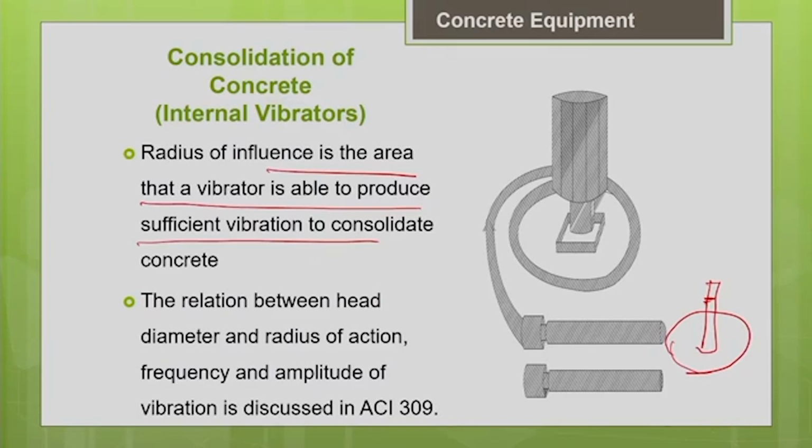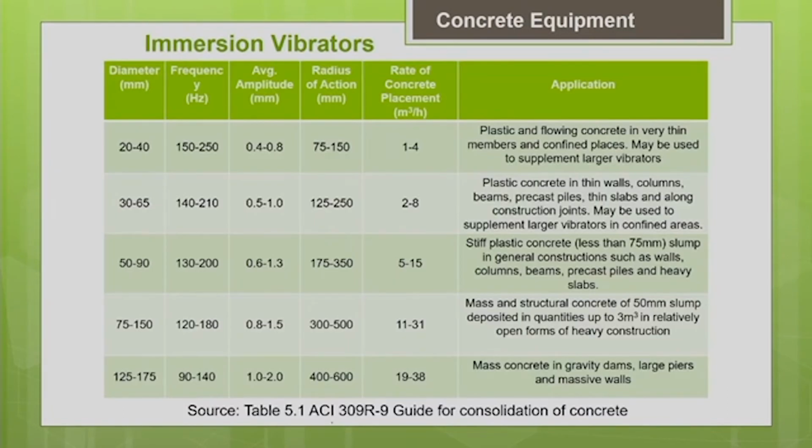Studies have established the relationship between the head diameter, radius of action, frequency and amplitude of the vibration. You can get this information in ACI 309R, which gives you the guide for the consolidation of concrete. This table is taken from ACI 309R.